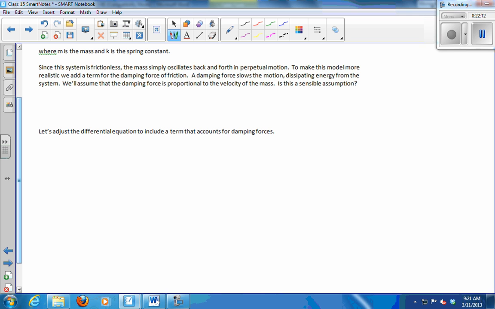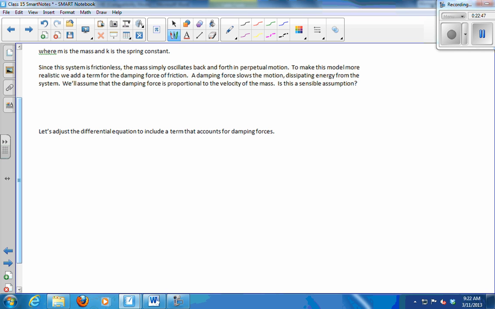The mass is just a number. Yes, like air drag, or a piston with oil, that slows it down as it's moving. So it's not necessarily friction. We're just lumping all damping forces together. For small velocities, it makes sense. The faster it's moving, the harder the damping force works to slow it down.